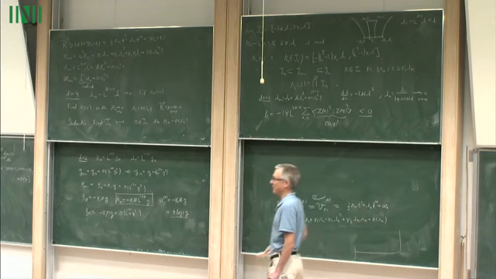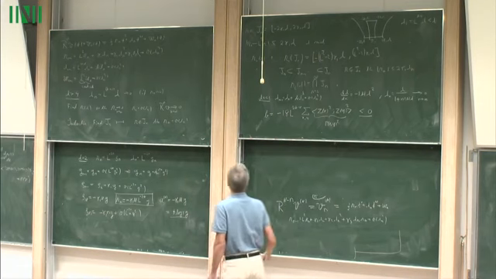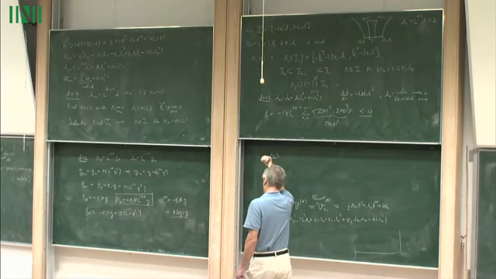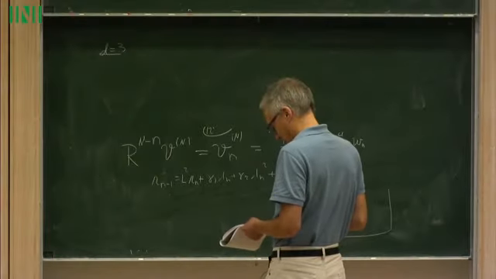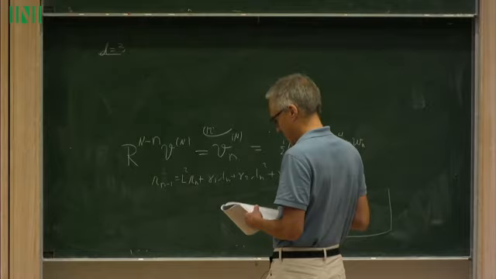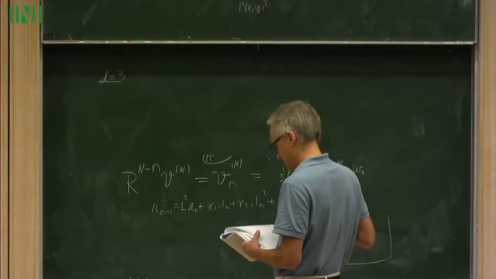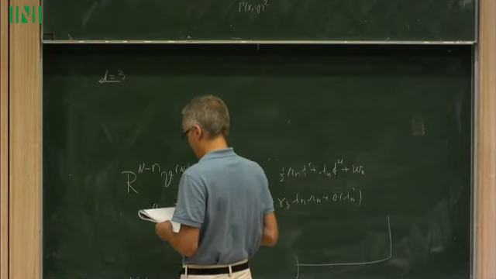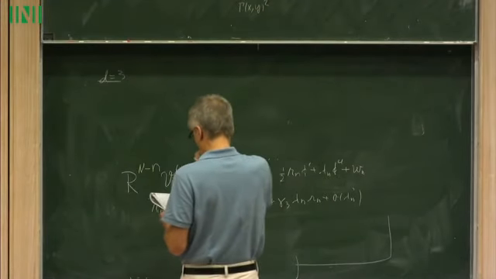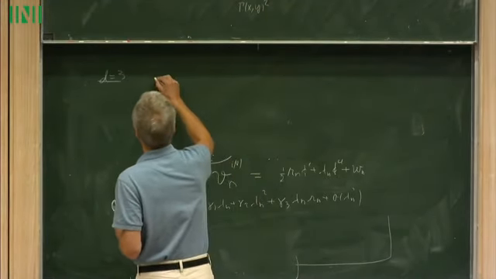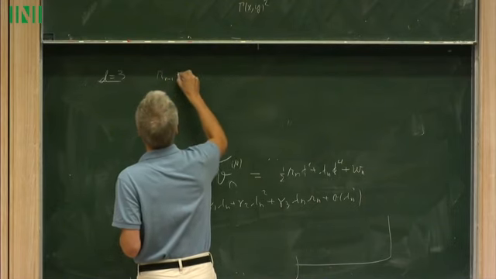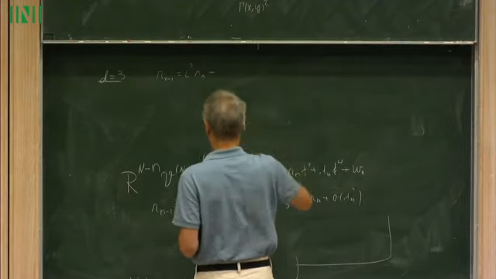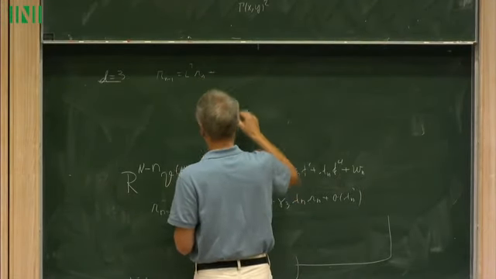Well, what happens in d equal 3? There is a slight difference. I still have R n minus 1 is L squared Rn, the whole stuff which I probably erased, so I have to write it again.